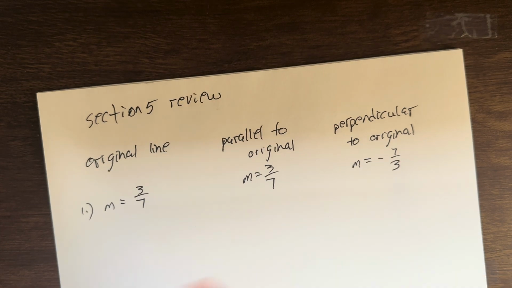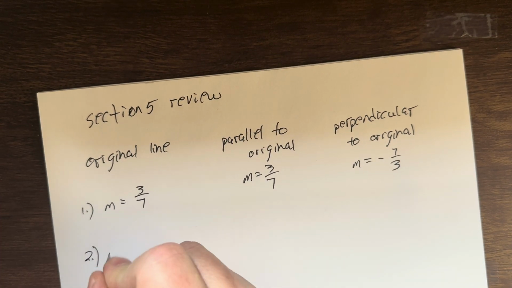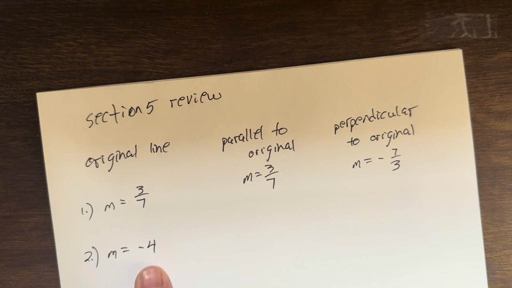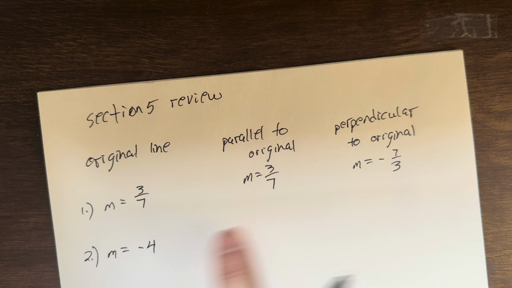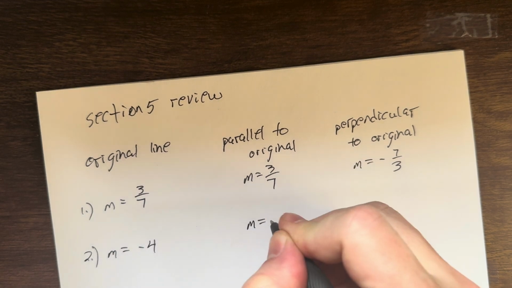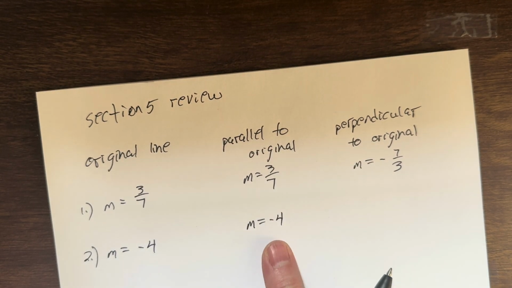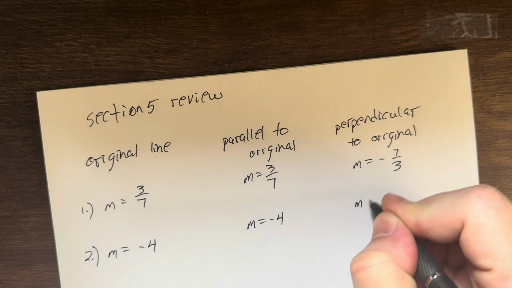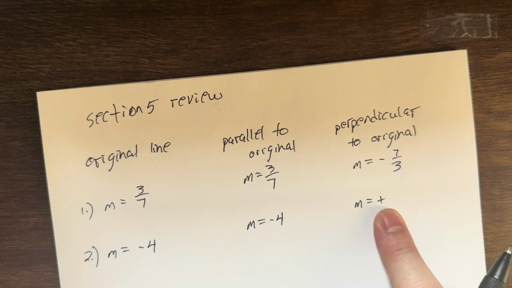Let's do this again. Number 2, what if my original line starts off with a slope of -4? Well, parallel still has that same slope, -4. But then when I do my perpendicular, first thing, I'll hit it with an extra negative.